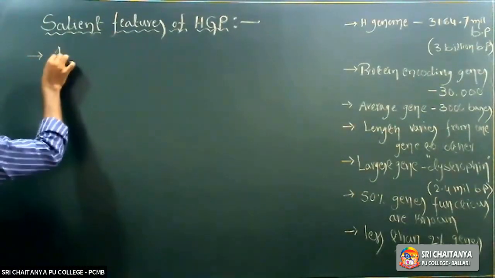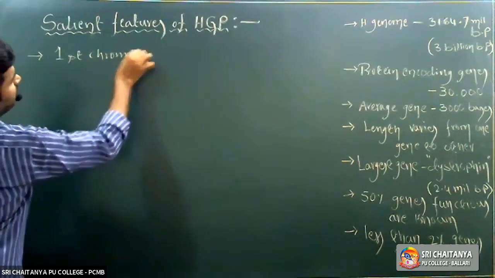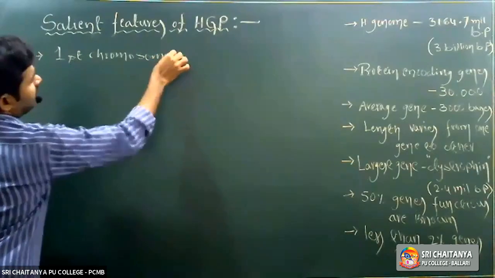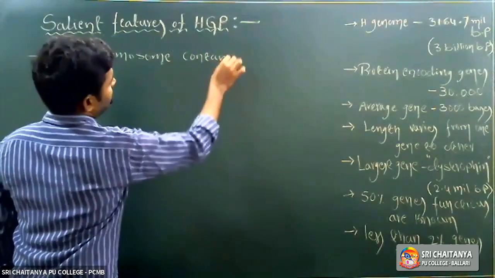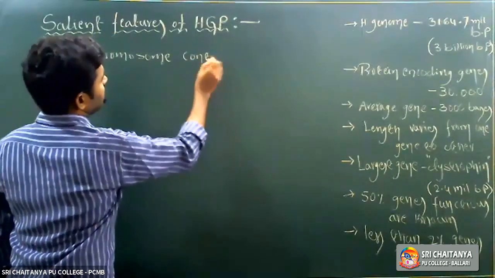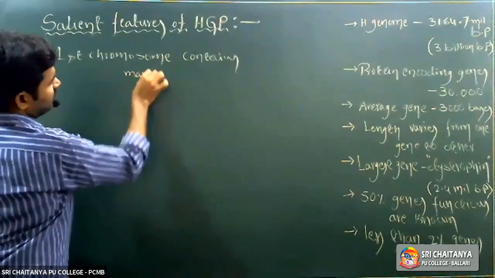The first chromosome contains many genes. How many genes?